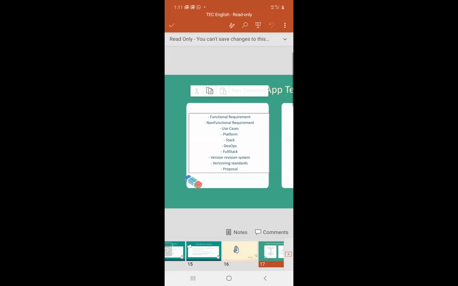Now a set of use cases, one or more use cases, a set of several use cases together, they form a journey. So a user journey, from the moment they start the app until they close it, uses different use cases.